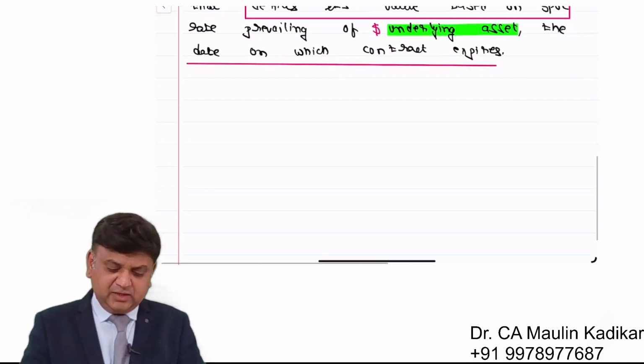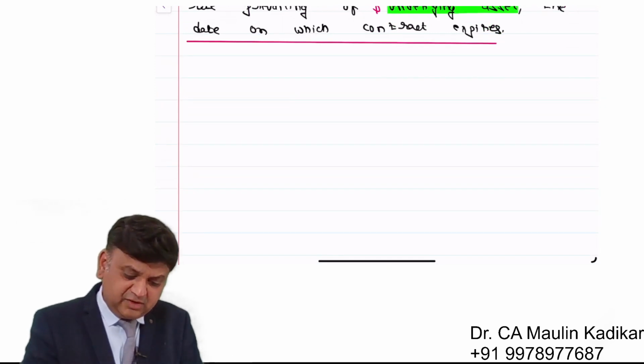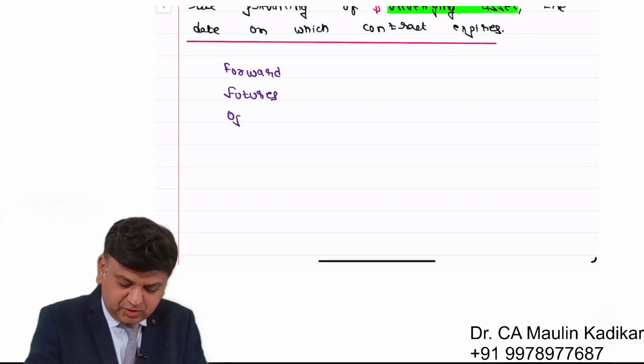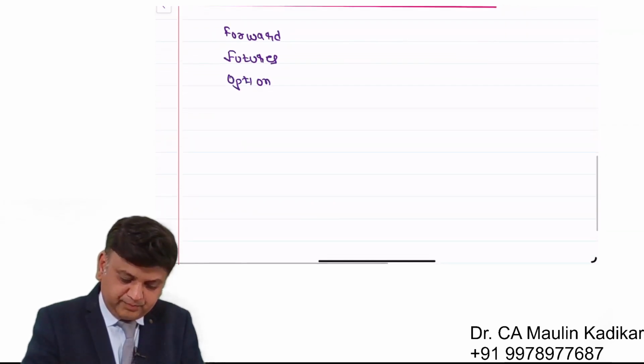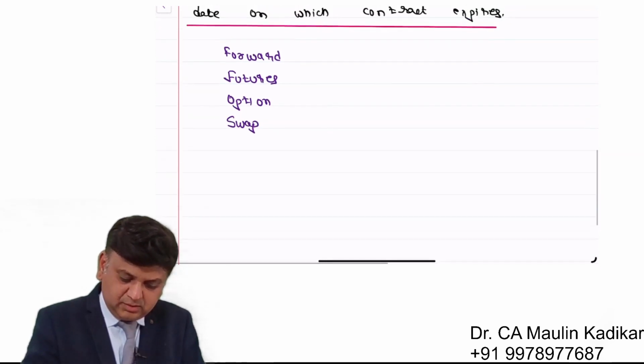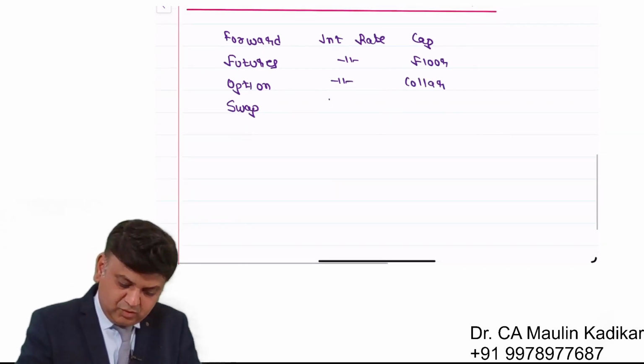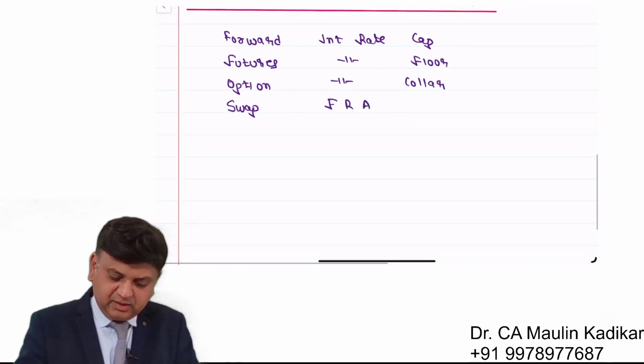Apart from forward contract, we have certain other derivative transactions also. That includes forward contract, futures contract, option contract, swap transaction, interest rate cap transaction, interest rate floor transaction, interest rate collar agreement, forward rate agreement, and so on.